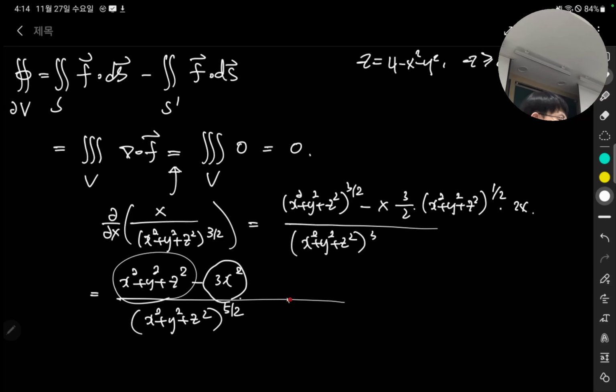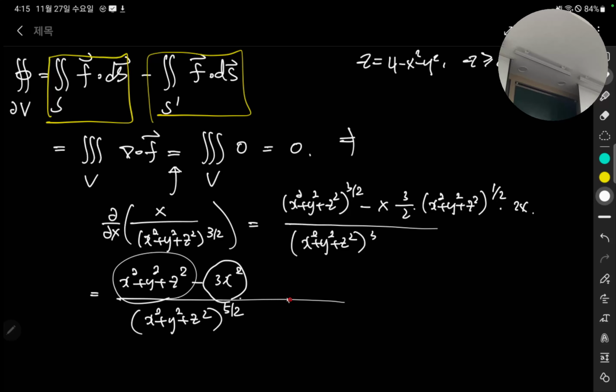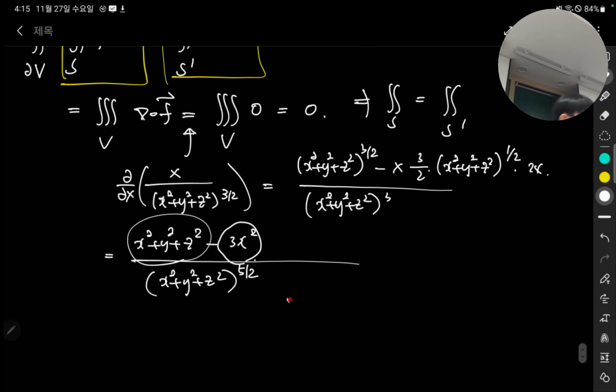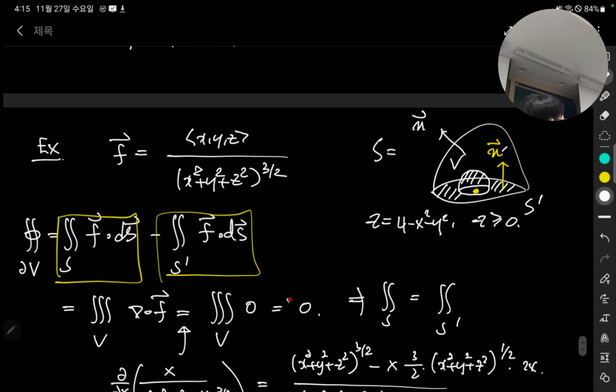So what does it say? If you want to compute the surface integration over S, it's the same as the surface integration over S prime. So you don't need to integrate on the surface S. Instead, you can just integrate on S prime.